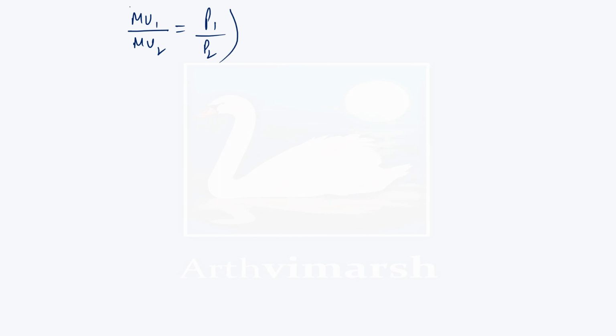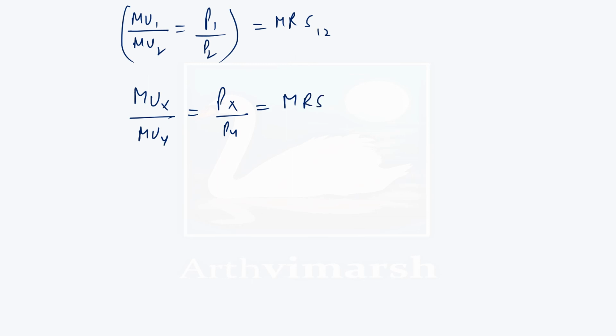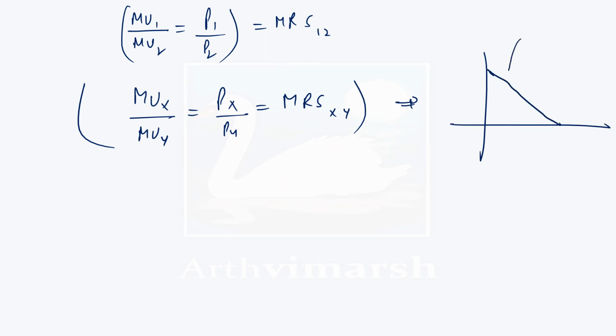And in an xy plane, we can rewrite it as MU x upon MU y equal to price of x upon price of y, and this is equal to the marginal rate of substitution for x and y, right? And what it implies is simply the condition of consumer equilibrium, which we were seeing diagrammatically for perfect substitutes, complements, the condition of tangency basically, right? And this was the point of equilibrium.